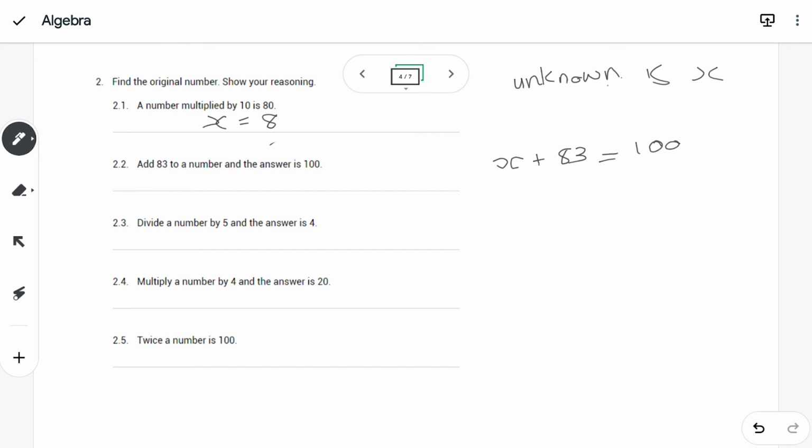Remember, we want x to be on its own on the left hand side always. So if we take 83 to the other side, it was positive, so it will be negative. So x is equal to 100 minus 83, and our value in this case is 17. Grade 8s, I encourage you to take that value, plug it into this equation, and you will see that you get 100 on both the left and the right hand side.